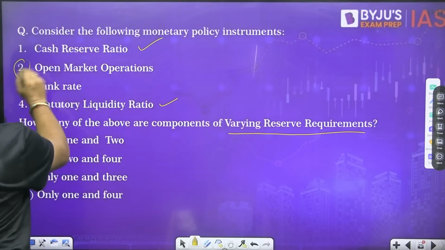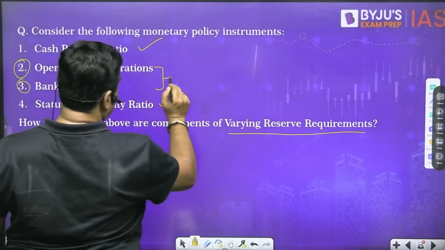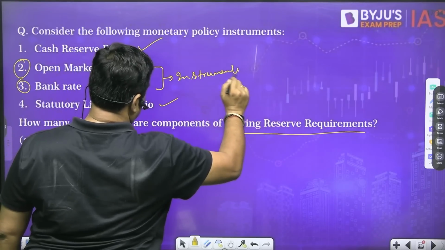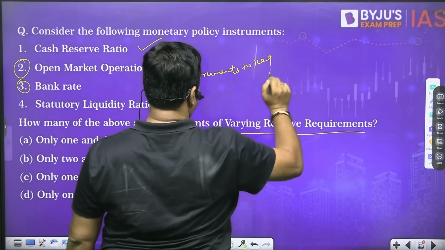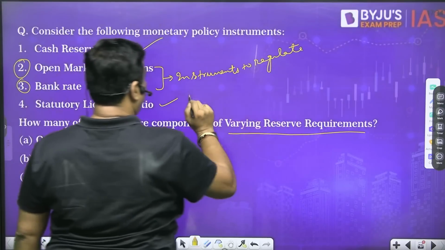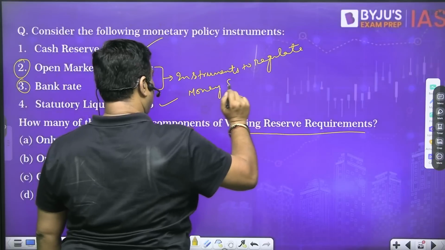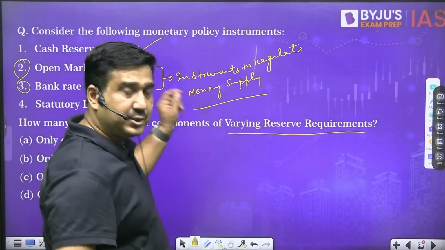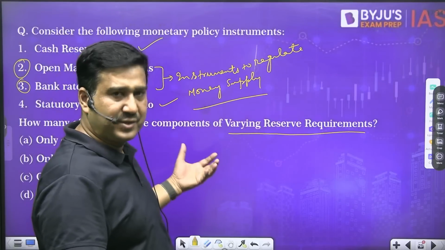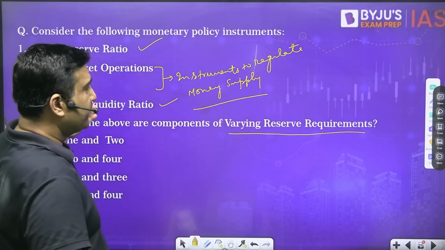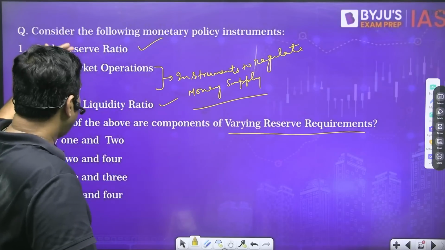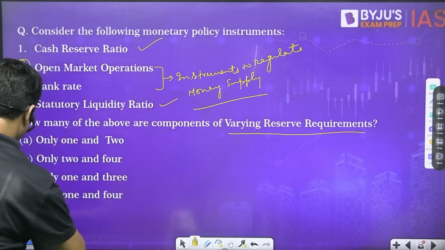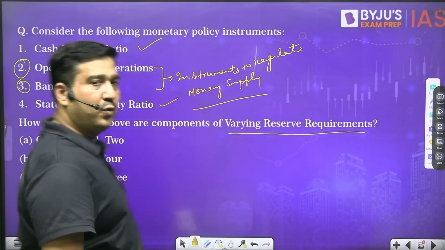These two, open market operation and bank rate, are instruments to regulate money supply. They are instruments of monetary policy, quantitative instruments, but actually they are not reserve requirements. So CRR and SLR, only these two are reserve requirements. Answer would be D. D for Delhi, only 1 and 4.